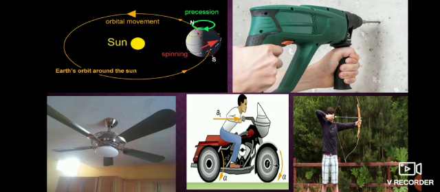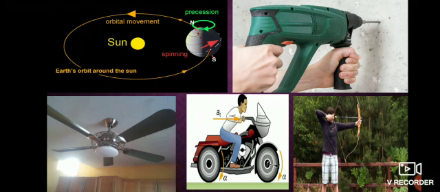So in this the earth is possessing rotatory motion. Now we go for another example, motion of a drill bit. While it is moving inside the wall, it consists of both translatory and also rotatory motion.